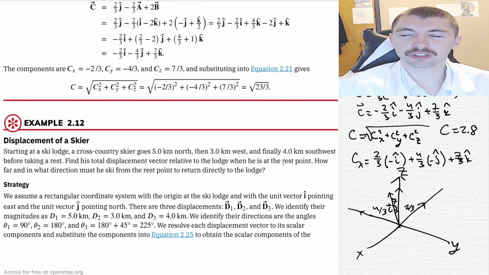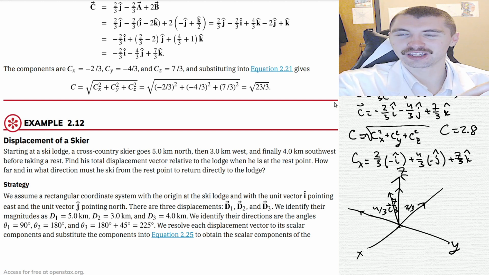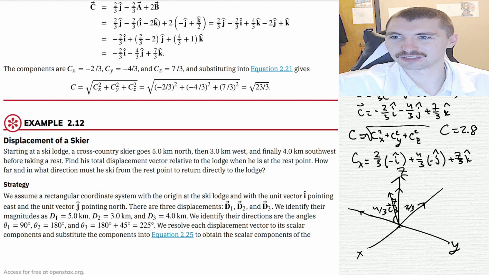So yeah, it would be a little tough to find the direction of this. I could see a way where you take the inverse tangent of the xy coordinates, and then take the inverse tangent of the xz coordinates, and then you might be able to do something like that, describing this angle on the xy plane.